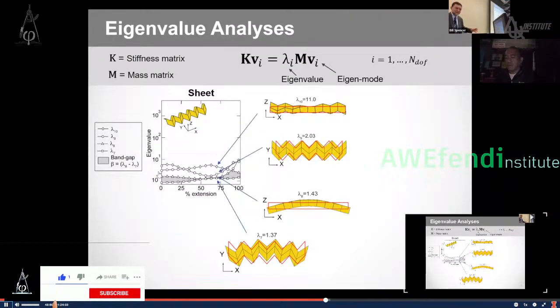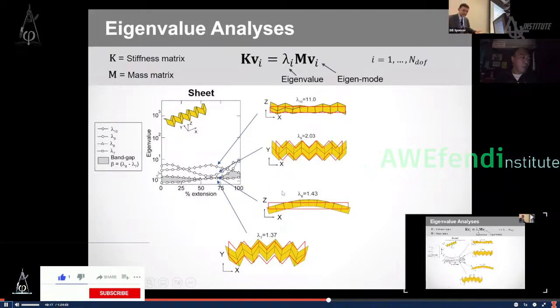All right, so then as I indicated to you, we wanted to look at the behavior of the tubes, and we wanted to find a mode that is very flexible, that would allow deployability, and other modes that would be much more stiff. Then we started to look, for example, at the band gap of the eigenanalysis between the first two non-zero eigenvalues.